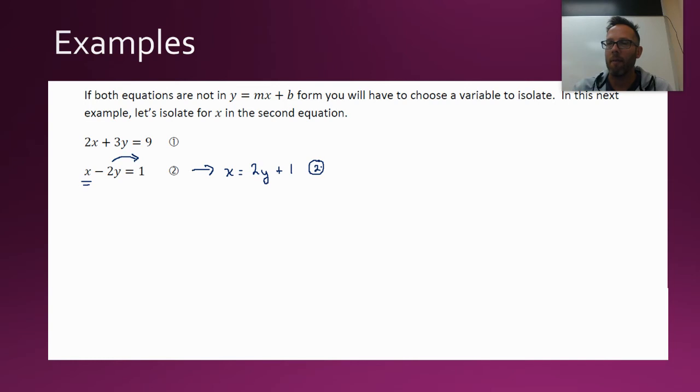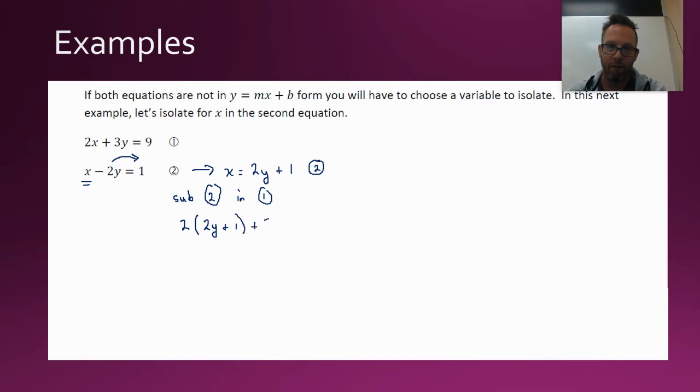Maybe it isn't exactly intuitive to write the x out front, but here we got the x by itself. So now what happens? Let's check this out. This time we have equation 2 isolated. We're going to sub equation 2 into equation 1. So 2x, and x is equal to 2y plus 1. So we're going to put in 2y plus 1.